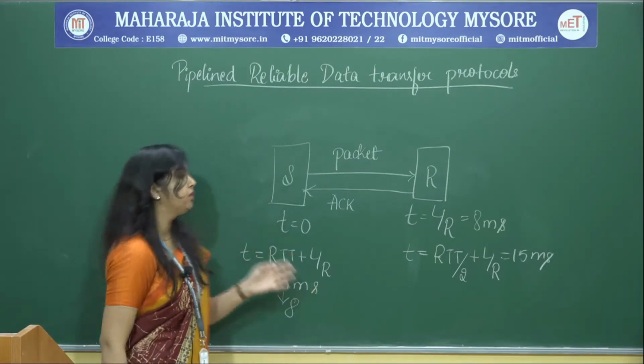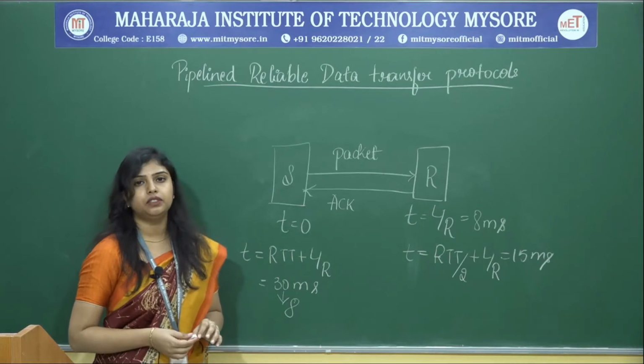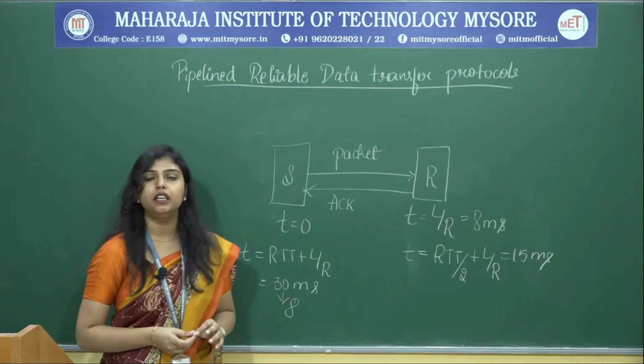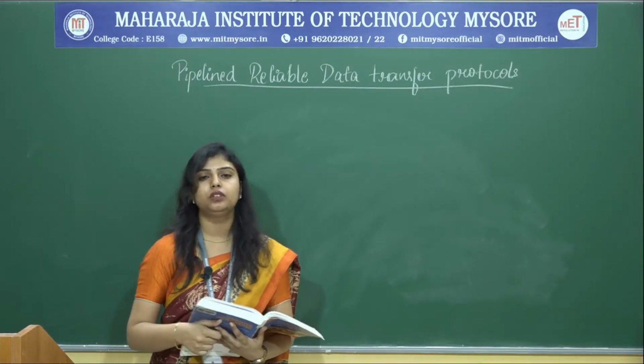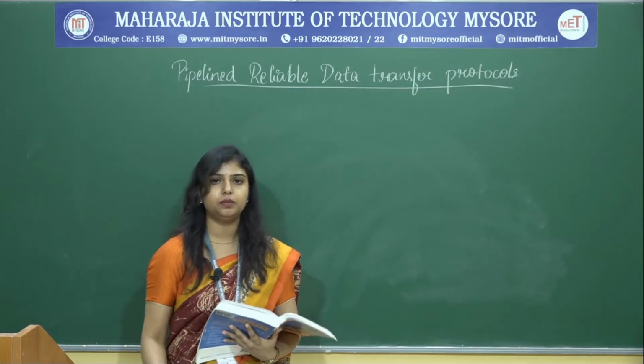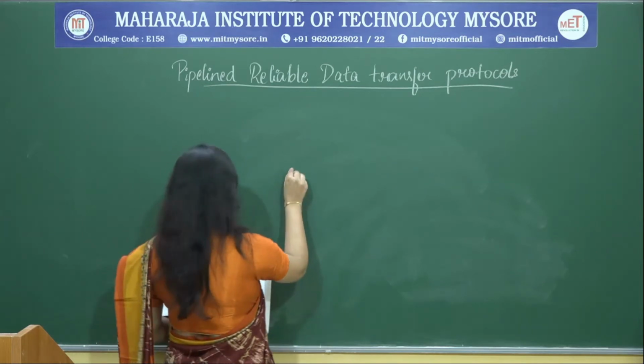So, this is the major performance issue which we can find in RDT 3.0. Now, let us look at how much utilization of a sender has been done.